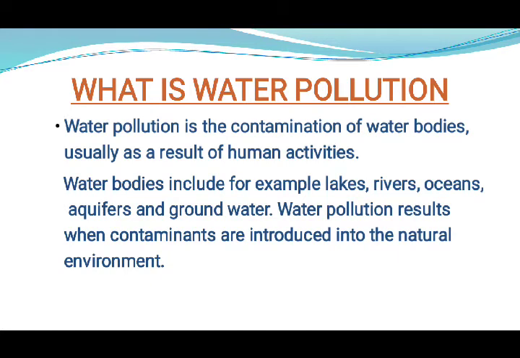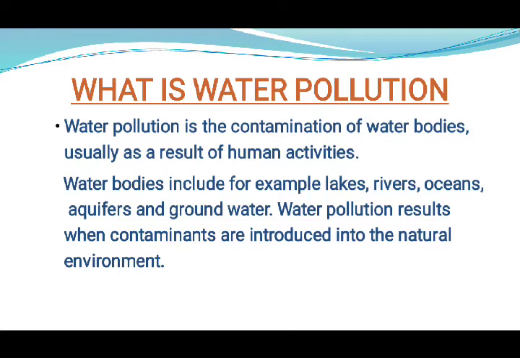Water pollution is the contamination of water bodies, usually as a result of human activities. Water bodies include, for example, lakes, rivers, oceans, aquifers, and groundwater. Water pollution results when contaminants are introduced into the natural environment.